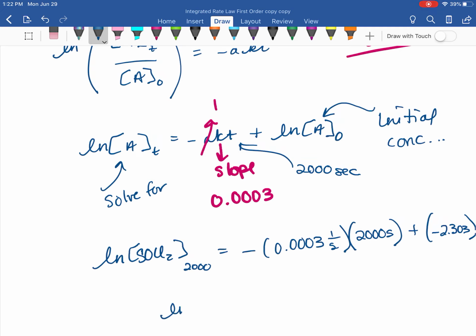Okay, so now we're about to solve for the natural log of that concentration. So when I do the math on that side, I'm getting a negative 2.883.